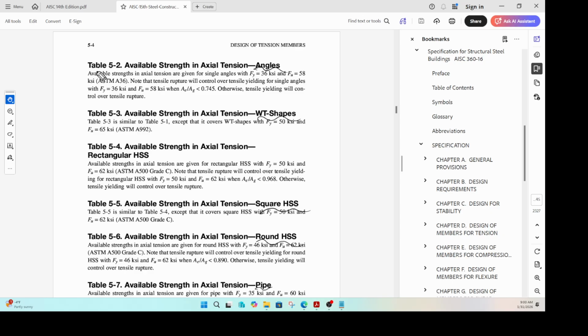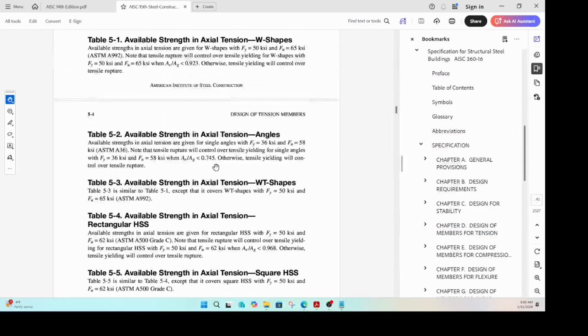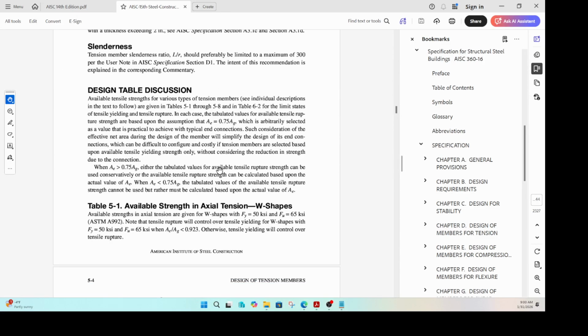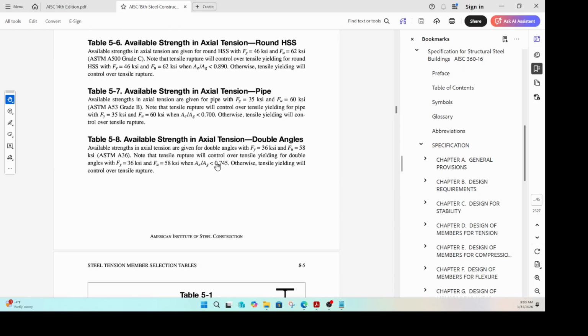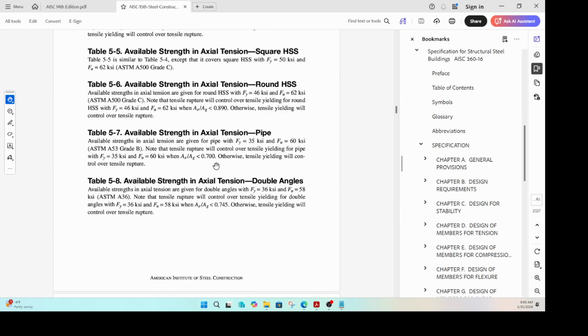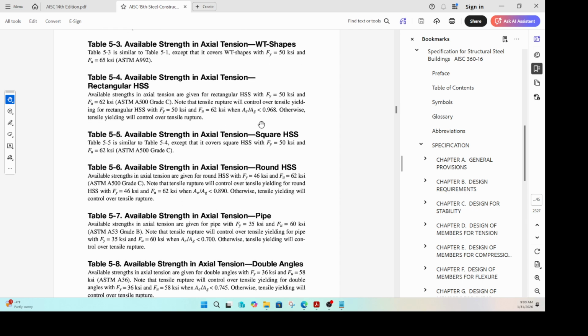But for the exam, all these are literally useless because they all have an underlying assumption which most of the time is not the case. So we will learn to do the long form, two simple formulas, for tension members. We will learn all that and then come back to these tables if needed.